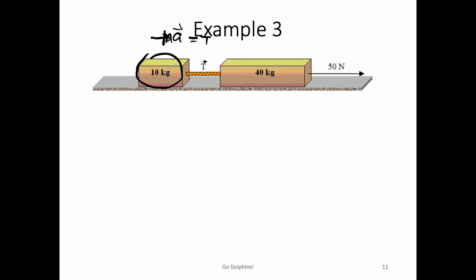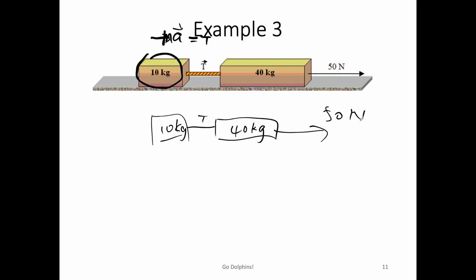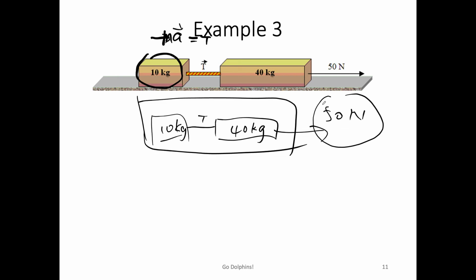So this is 10 kilogram connected by a string to 40 kilogram, with 50 Newton. What we can do is treat these two wood blocks as one object. Then the net force on it is 50 Newton.